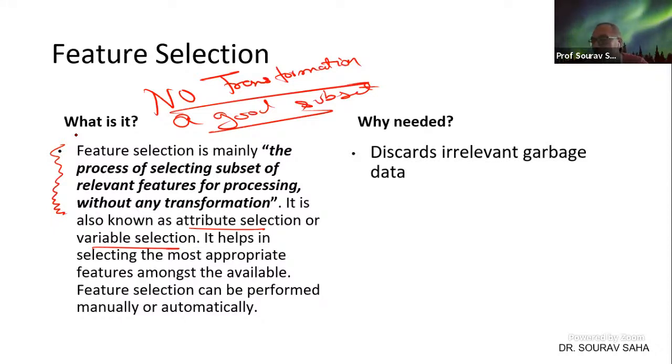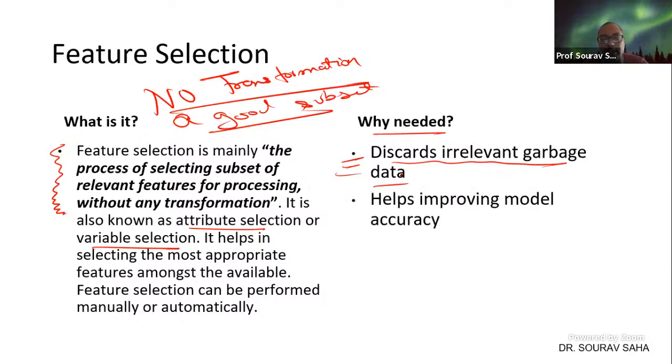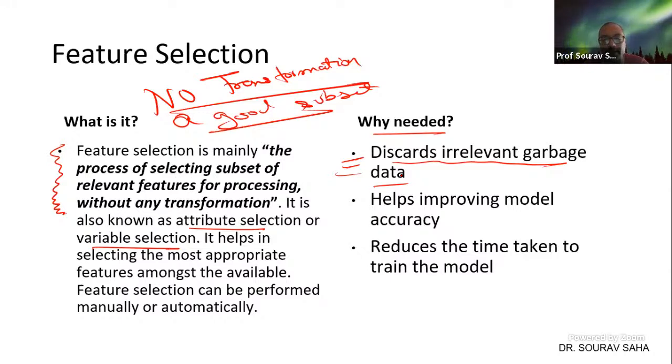I gave you this example yesterday: if you have a little amount of time to learn about the model, you can discard this irrelevant garbage data and focus more on things that make much better sense, and the process can help improve the model accuracy. Also, if you have a reduced number of variables, the time taken to train the model also becomes significantly lower.